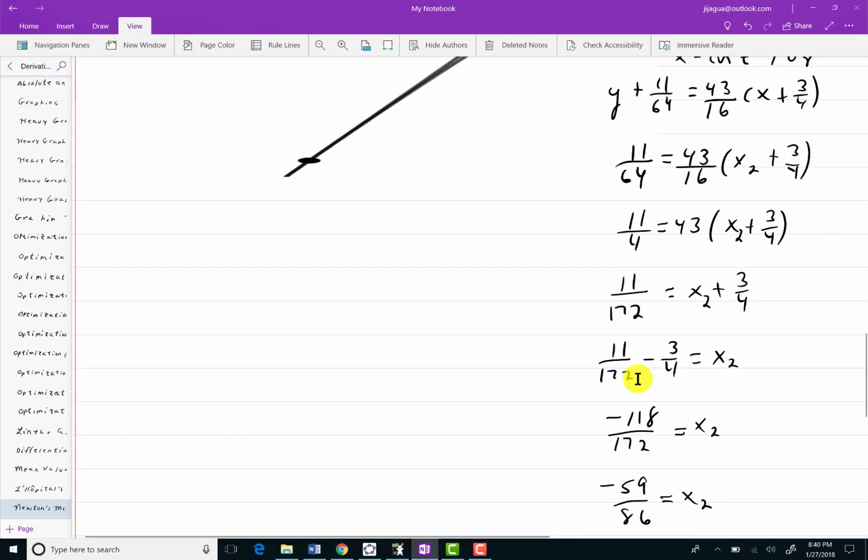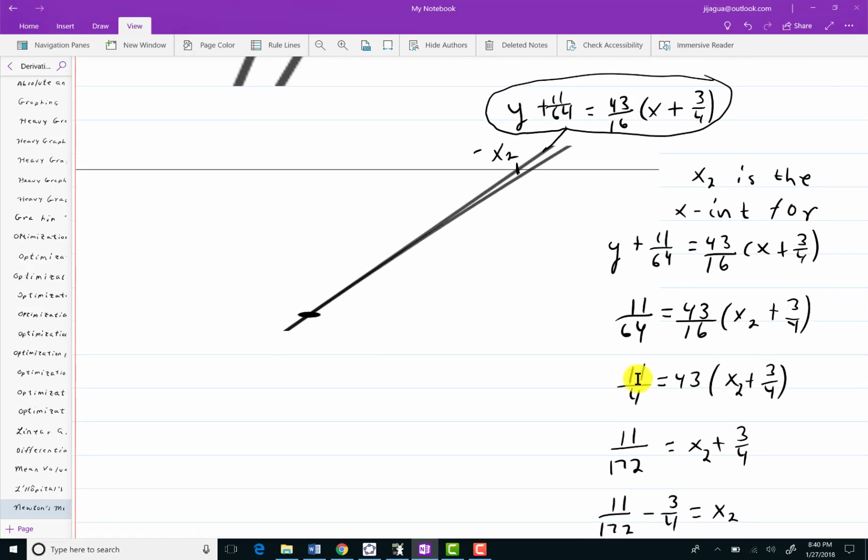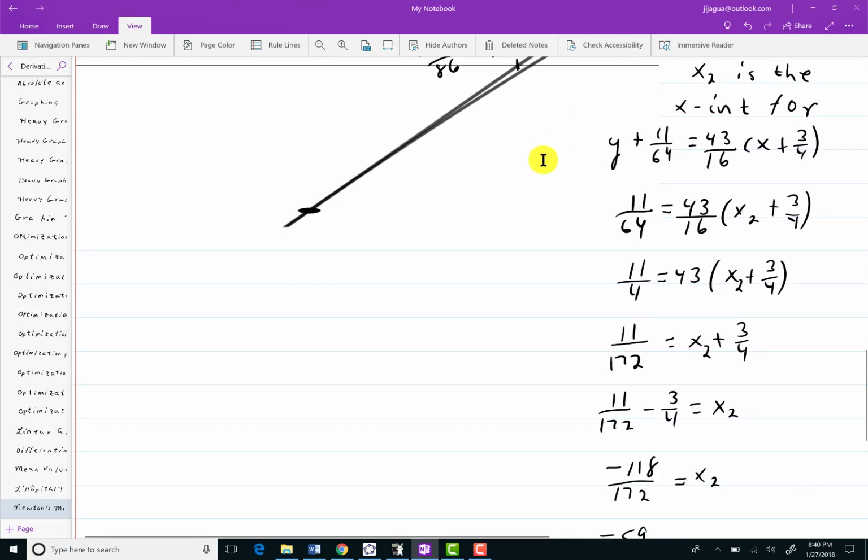And then, of course, what you're going to do at x2 is draw another tangent line, and it's going to cross the x-axis even closer.